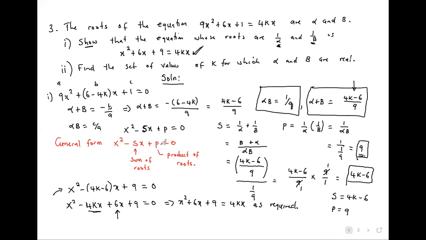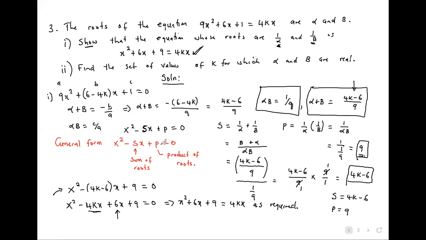Now find the set of values of k for which alpha and beta are real. For which expression? For the question, of course. Since this is part 2, it cannot talk about part 1 in this manner. It would have said find the set of values of k for which alpha and beta in 2 are real.